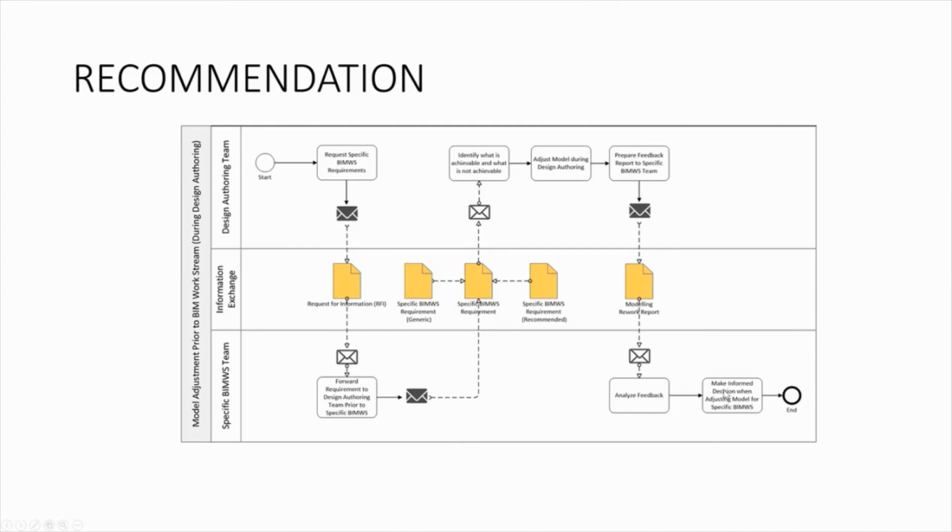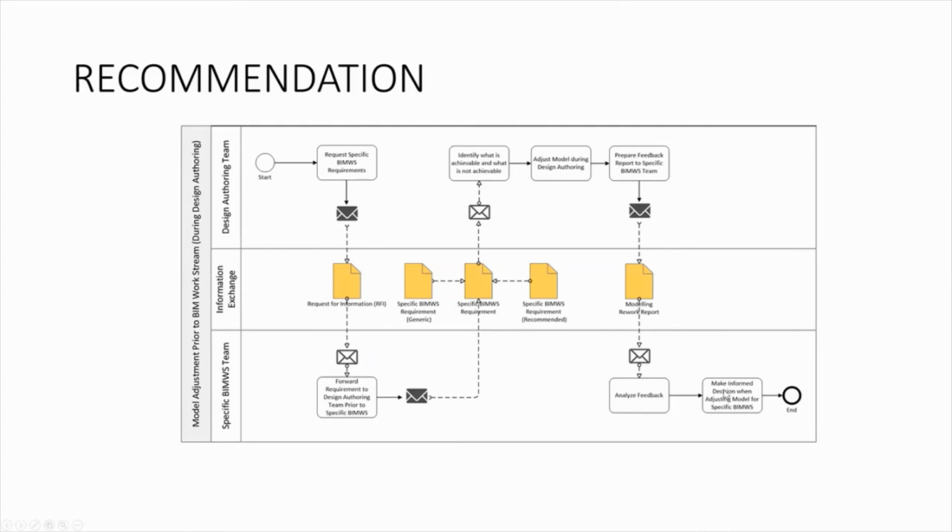So they will tell them these are the requirements, and the design team will look at the requirements and see, well, we can't do these, and we can do these ones. They will adjust the model the best they can, and then prepare feedback in this modeling rework report, and send it to anyone who's going to be part of any other BIM use.